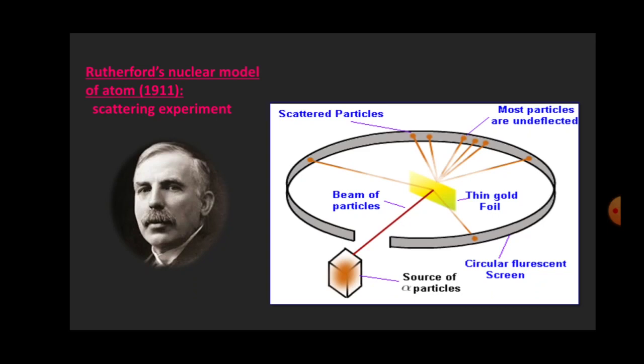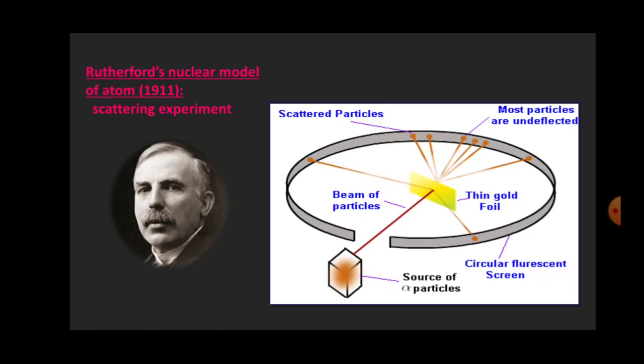A small number of alpha particles got deflected from their original path and changed direction. Some alpha particles deflected through a very large angle. The deviation was too much, right?